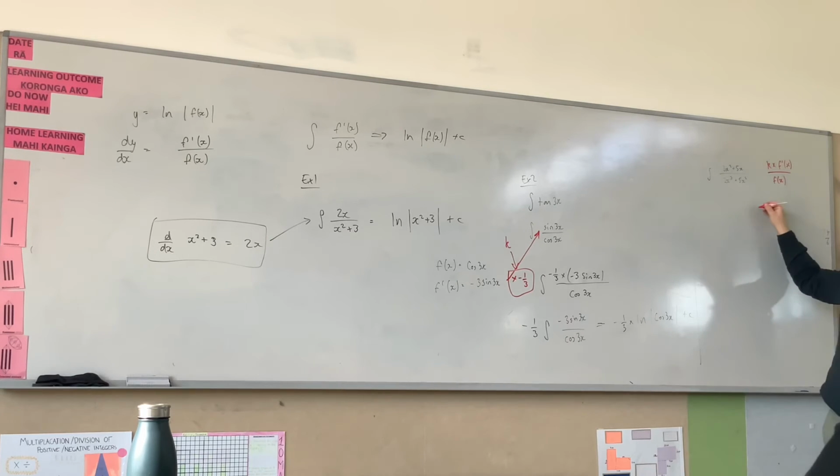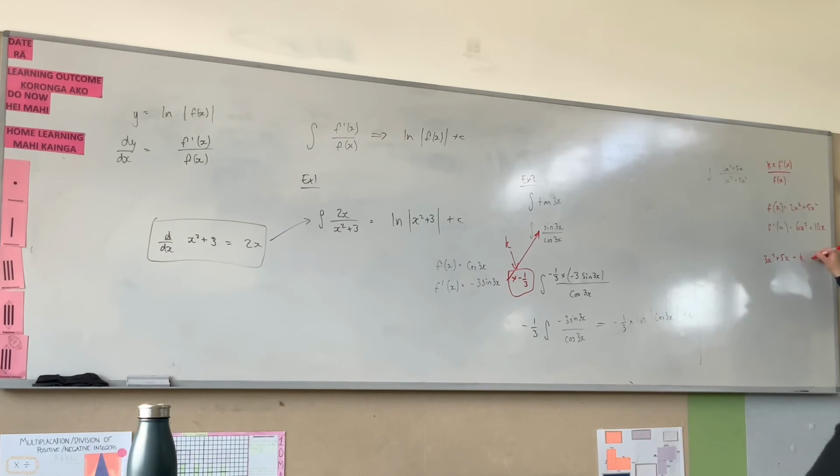So if f of x is 2x cubed plus 5x squared, then f prime x would equal 6x squared plus 10x. Is there a way of writing 3x squared plus 5x in the form k times f prime x?